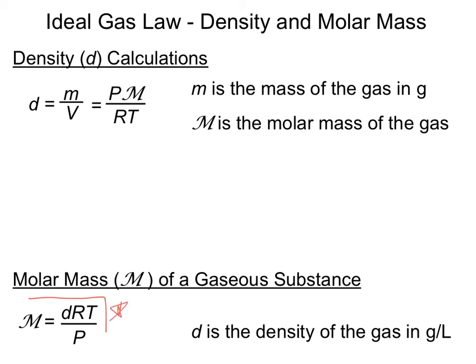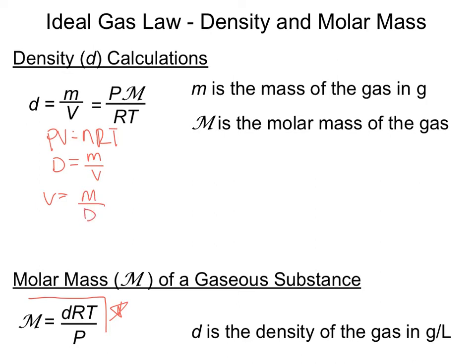So if we take a look at what we have up here, PV equals nRT, and density equals mass divided by volume. If we rearrange the density equation to solve for volume, volume is going to equal mass divided by density.